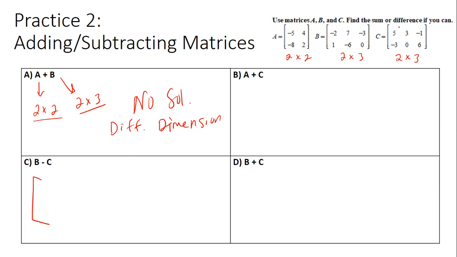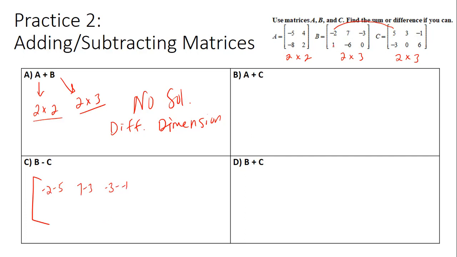Then it's going to combine with C11. So B11 goes with C11. Does that make sense? So -2 minus 5. Then we have 7 minus 3. Then we have -3 minus -1.